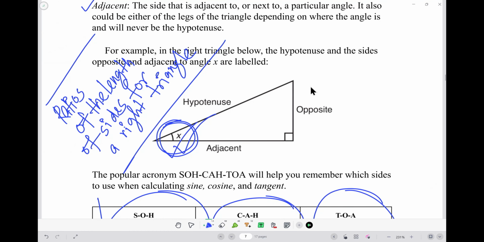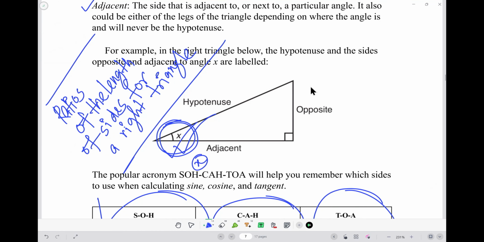And for this very angle x, we want to perform some basic trigonometric operations, which will give birth to different types of ratios.